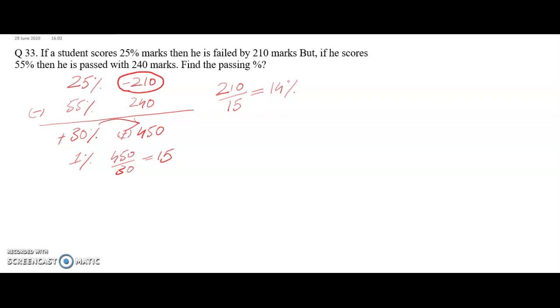So this student gets 25% marks and he is supposed to get 210 more to pass, and 210 represents 14%. So the passing percentage will be 25 plus 14, which is 39%.